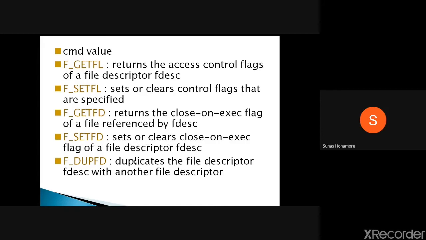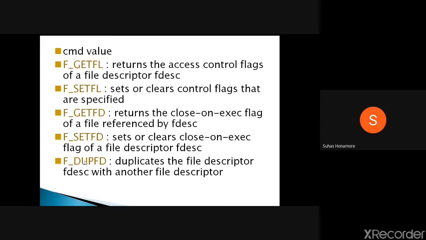Then the next new command is F_DUPFD. This is nothing but duplicate. It duplicates the file descriptor, so for the file descriptor we have, one more file descriptor will be created. So two file descriptors for the same file entry will be there. I think we already have the Unix commands dup and dup2 also.